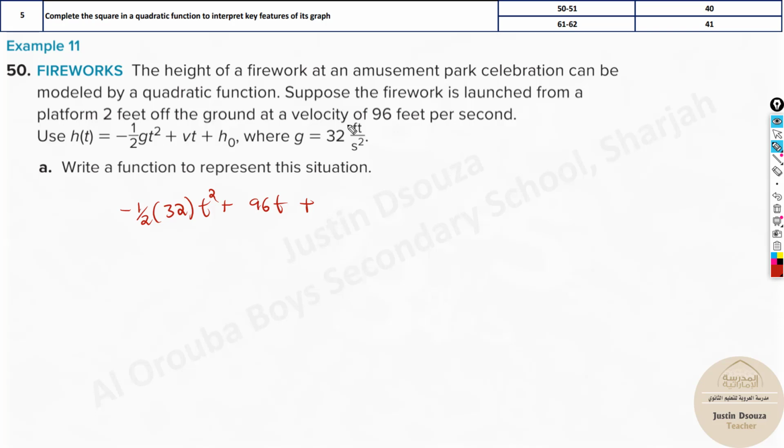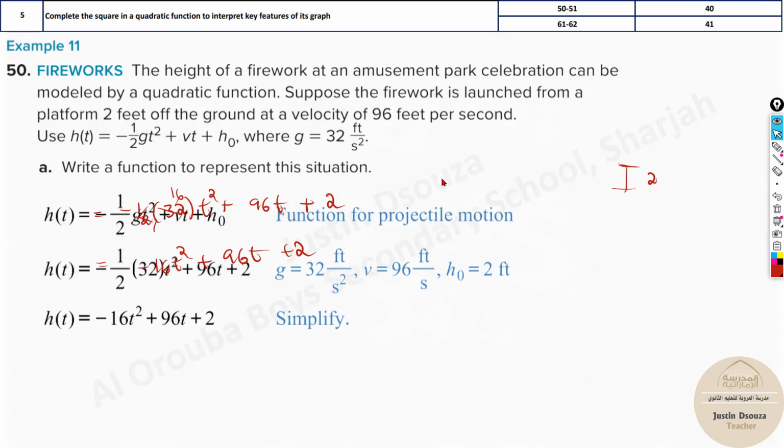See now here, it's launched from a platform of 2 feet. The initial height is 2 feet. So h naught is the height, right? So we just write plus 2. Now just simplify this. Negative half times 32 is negative 16. So it's negative 16t squared plus 96t plus 2. This would be the first part. Let's just look at the answer. It's negative 16t squared plus 96t plus 2.